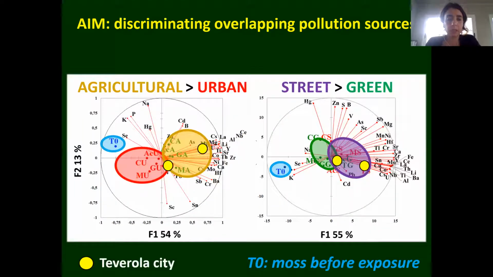What we saw is that moss bags were able to discriminate not only 2 big environments, agricultural and urban sites, but also the pollution levels in sites very close to each other.